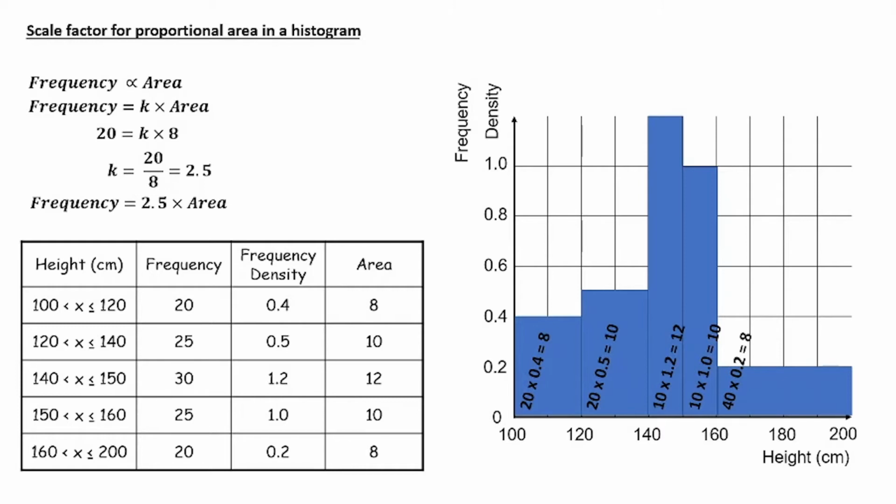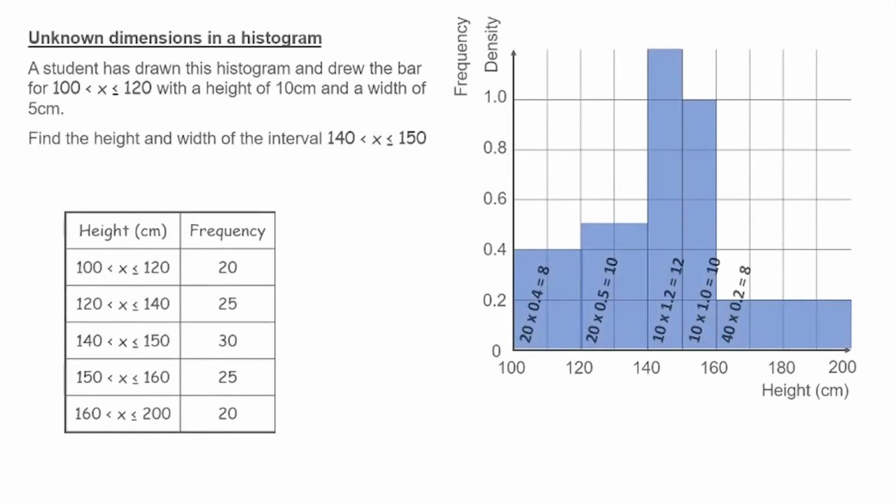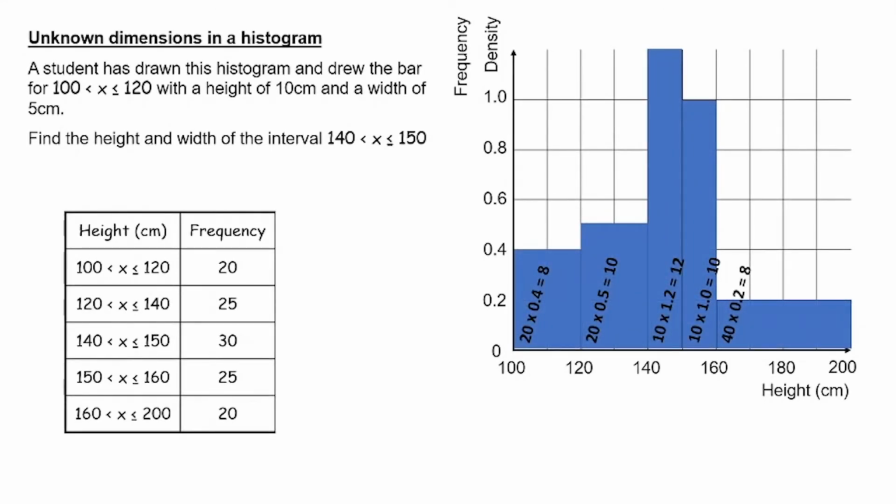At A level, we can no longer assume that the frequency is exactly the area. What we can assume is that the frequency is proportional to the area, and then go ahead to find that constant of proportionality.